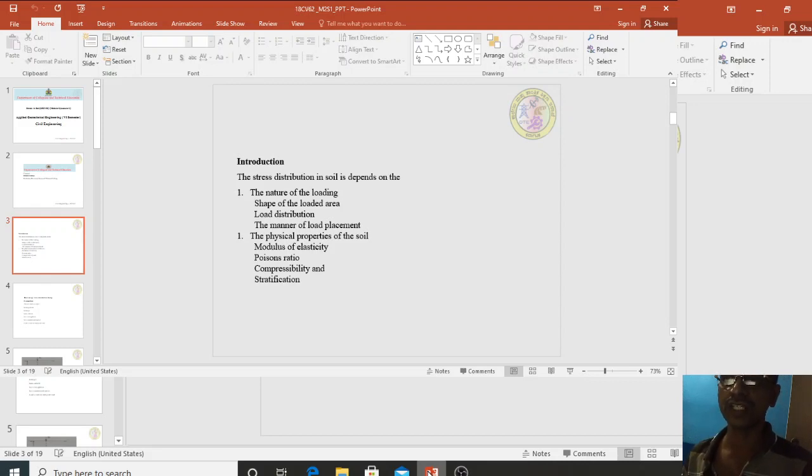Next is the manner of load placement. Whether the load is placed gradually or suddenly. Suppose you see a bridge pier, where there is a gap between the abutment and the piers called the shock absorbing zone. When a vehicle applies a brake, the load is transferred in slow motion into the pier.